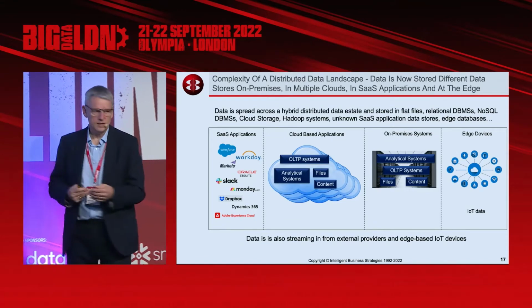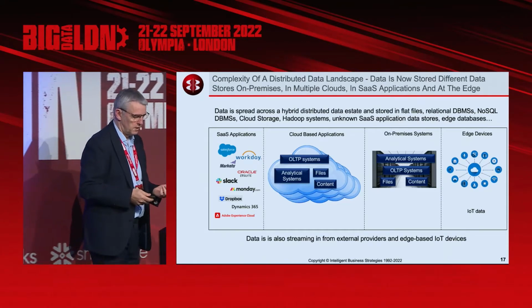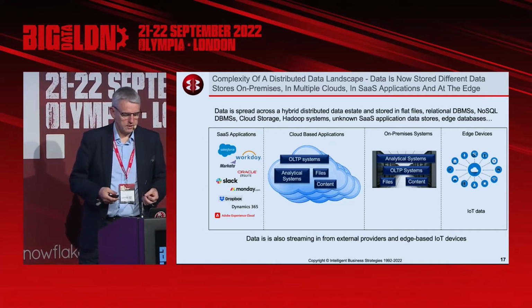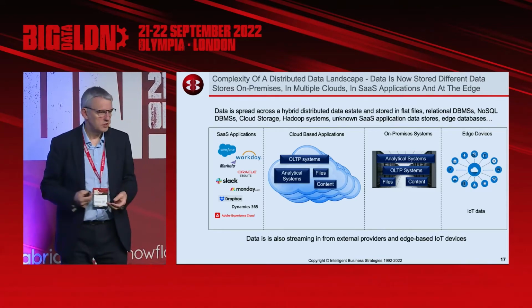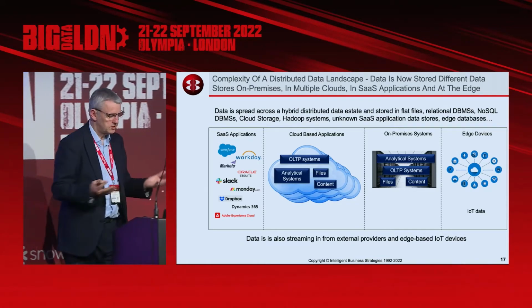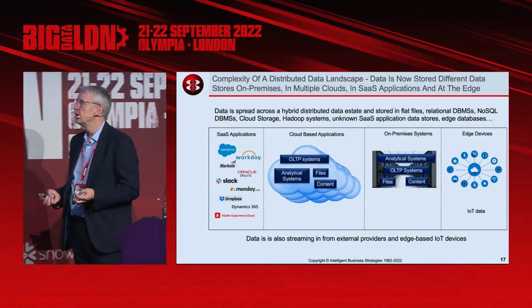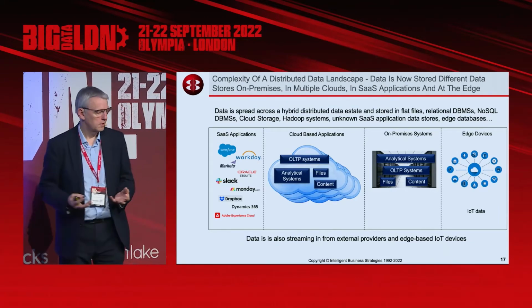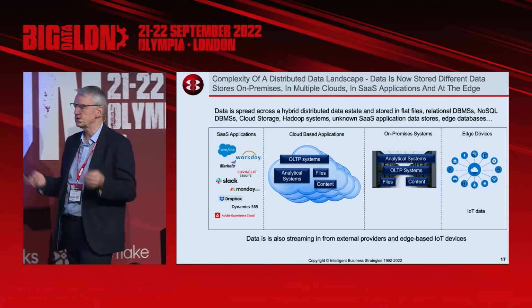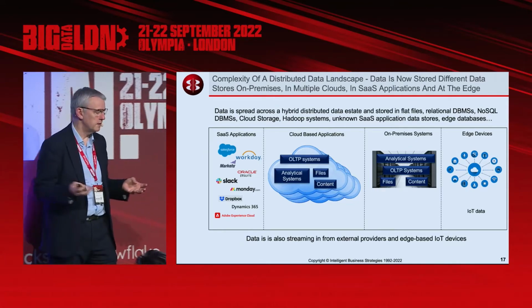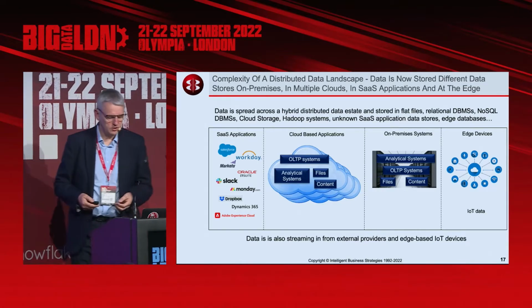We've got data in software as a service apps. We've got data in multiple clouds, in various kinds of systems, transaction systems. We've got data on premises. We've got data at the edge. So the data landscape is highly distributed, and more data sources are piling in and making that even more challenging.